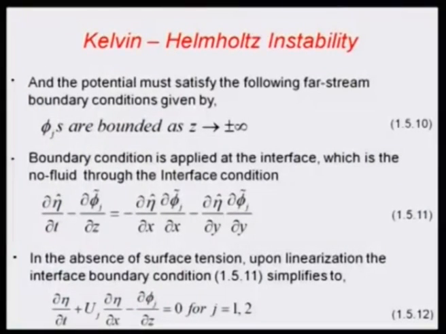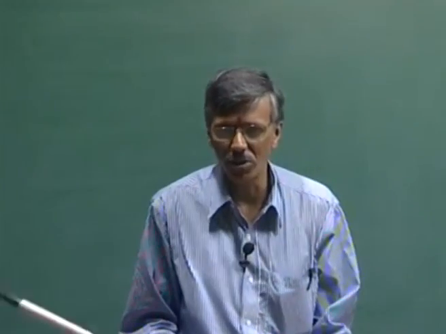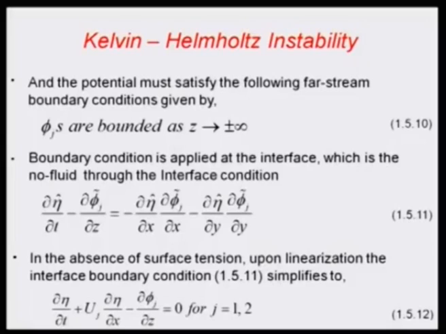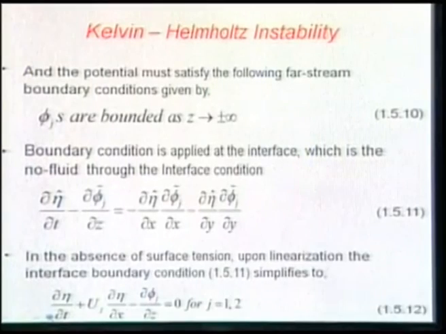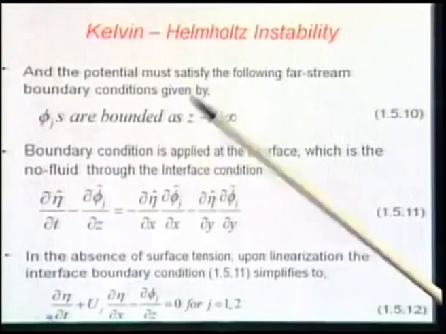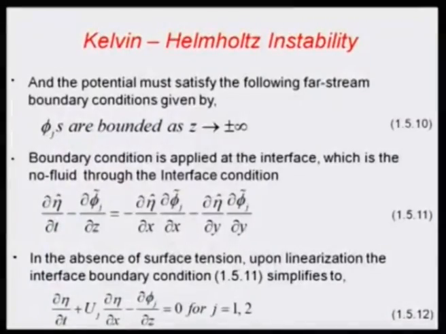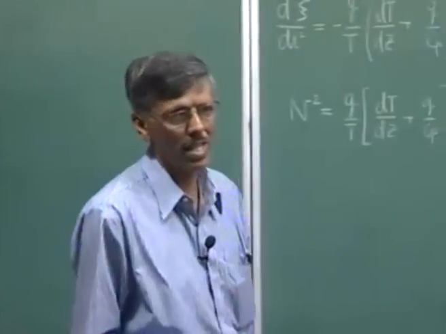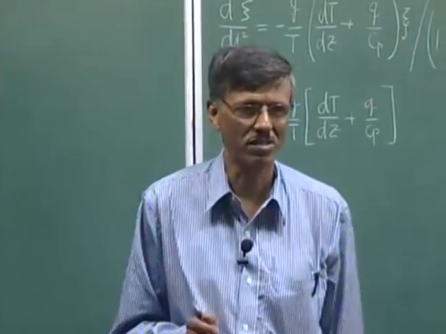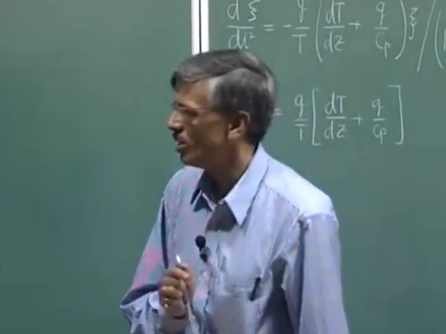And because we are talking about a physical system, the disturbance energy is going to be bounded. Where does the disturbance energy come from? It comes from the equilibrium flow. And if the equilibrium flow has a finite energy, disturbance flow also should have a finite energy. So, that is the whole idea, that the disturbance potential should remain bounded. Please do understand, boundedness and putting equal to 0 are not necessarily same. So, this is going to help us.